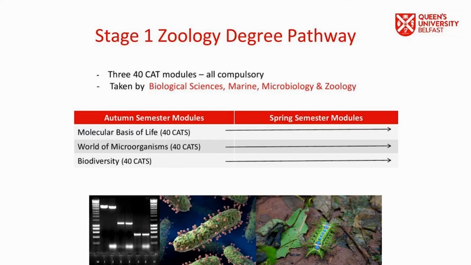These modules are also taken by students enrolled on biological sciences, marine biology, microbiology, and the zoology pathways, allowing you the flexibility to move between the programs if you should change your mind. The term CAT refers to Credit Accumulation and Transfer Scheme. So 1 CAT point is equal to 10 hours. This CAT point scheme allows you to transfer not only between degree pathways, but also universities.